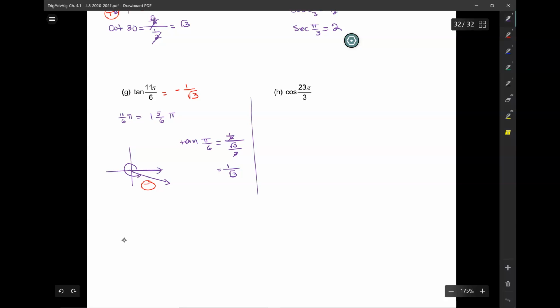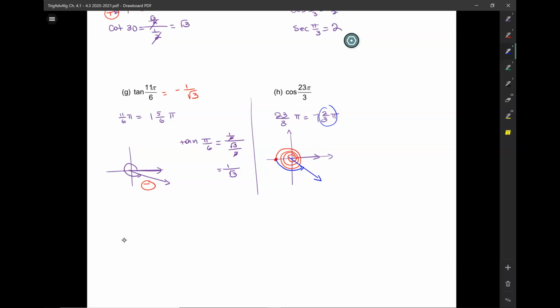Okay, last, 23 over 3 pi is 7 2/3 pi. Let's see what 7 pi looks like. 2 pi, 4 pi, 6 pi, 7 pi ends up right there, and then another 2/3 of a pi right here.